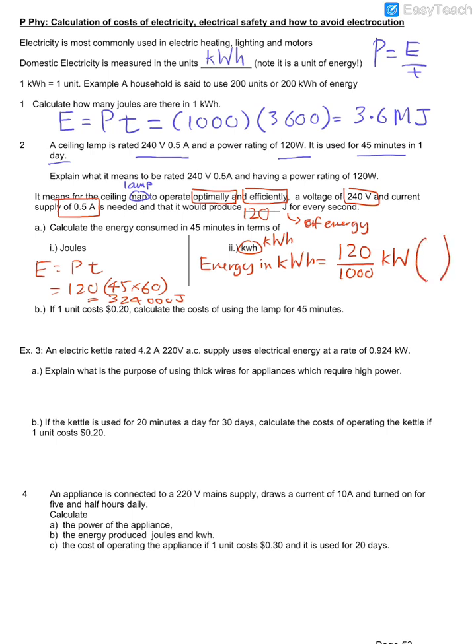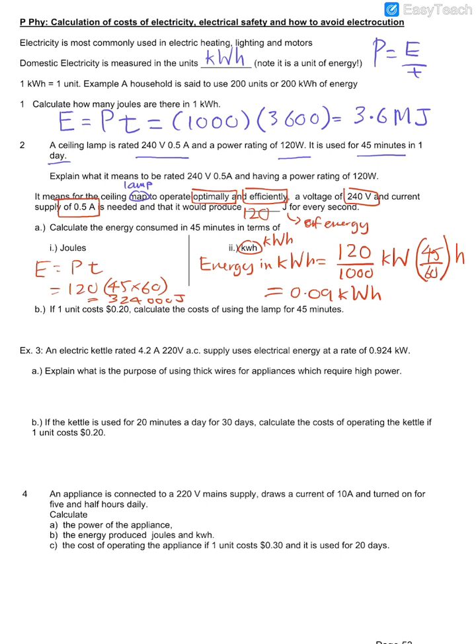You use it for 45 minutes, so 45 minutes is 45 over 60, then you put hours. So this is the way you convert. Very simple. Divide by 1,000, then change whatever time to hours. And what do you get? 0.09 kilowatt hour. Yes. So that's the way to convert to kilowatt hour.